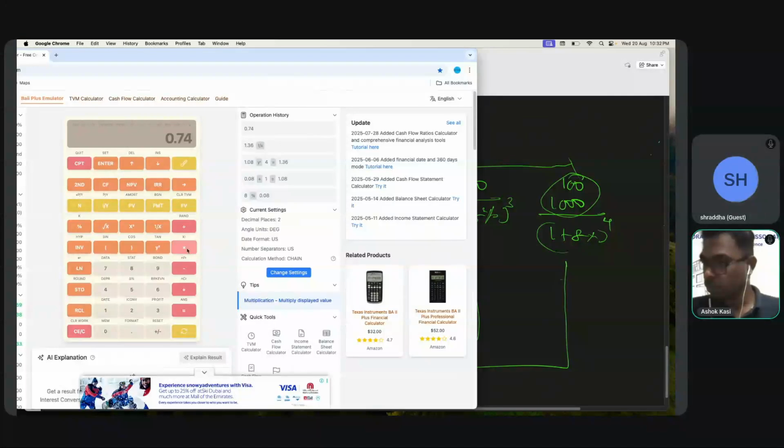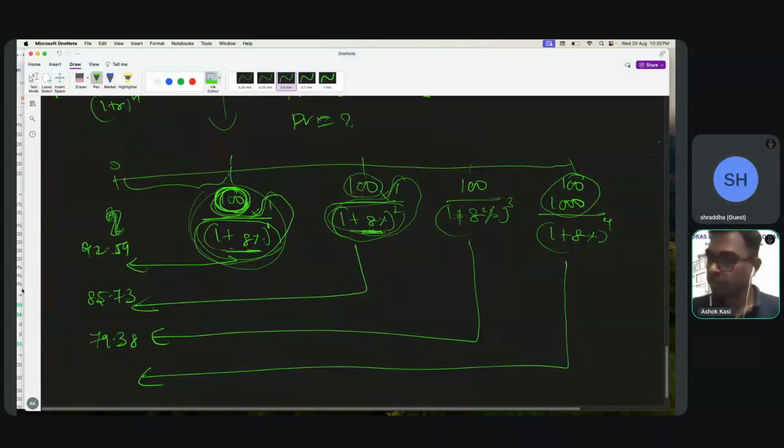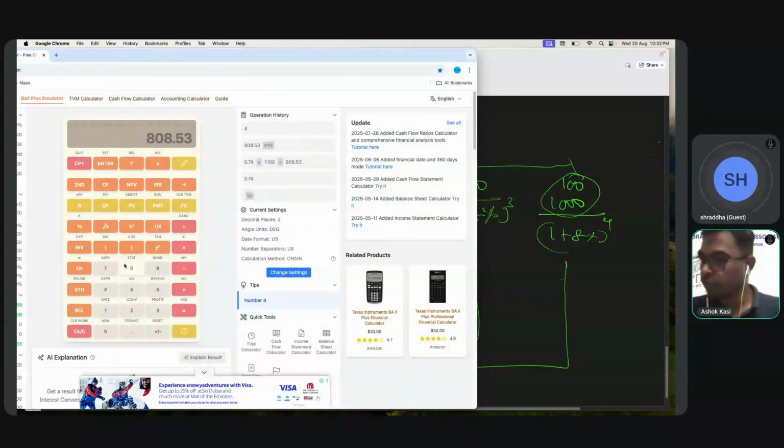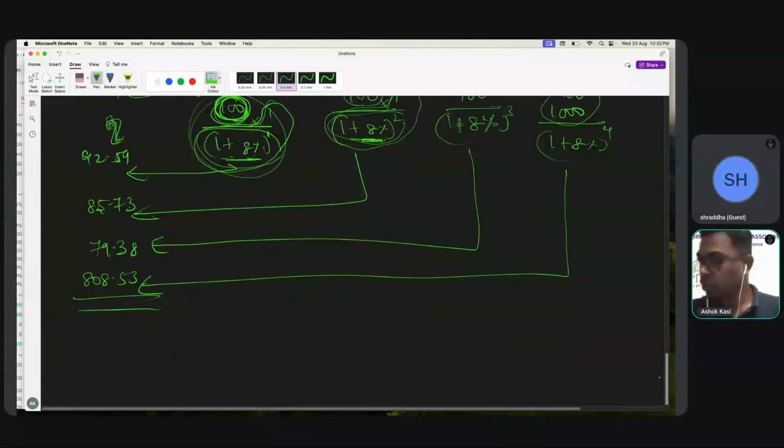So 1 by x into 1100 equals 808.53. So this I'll keep in store 4.